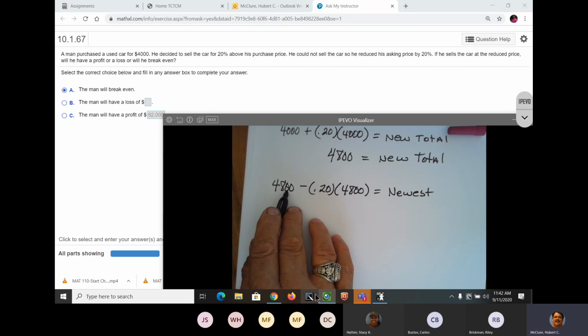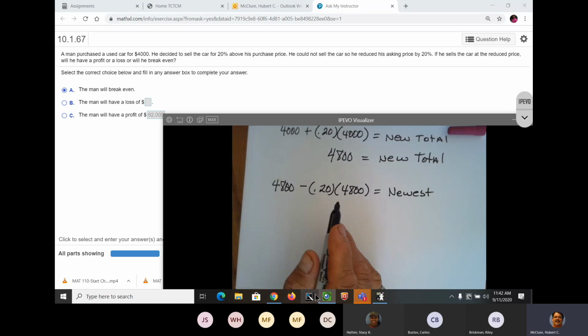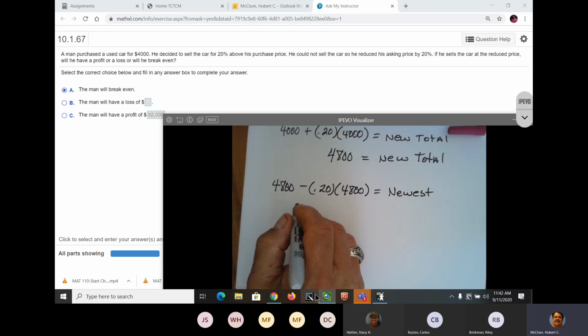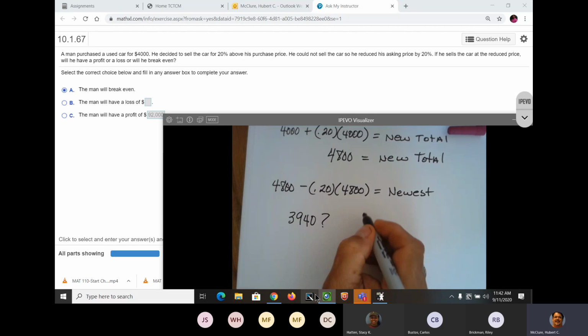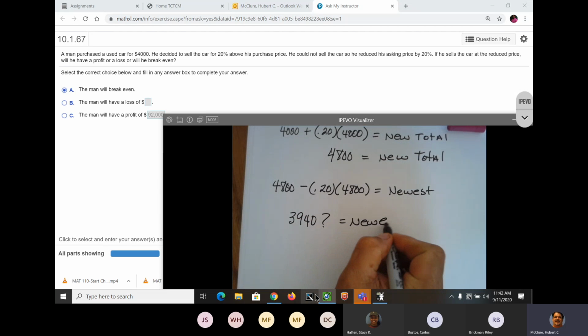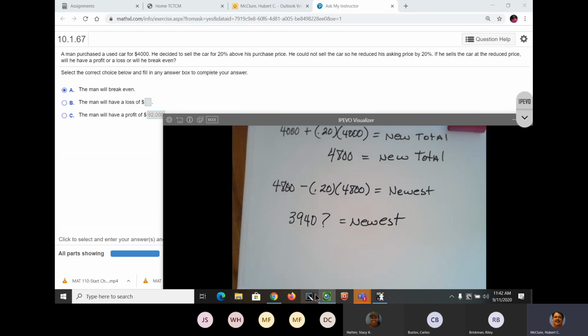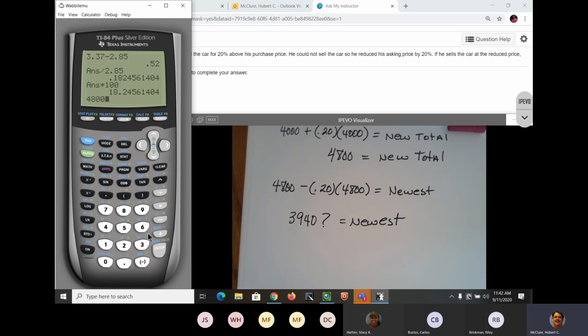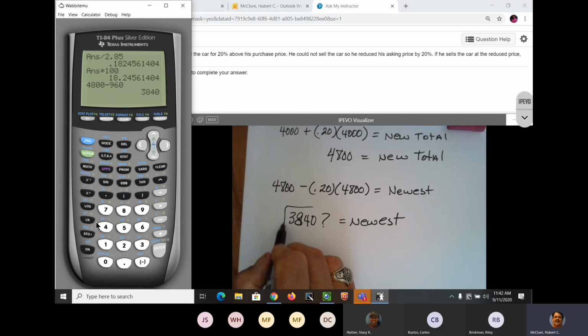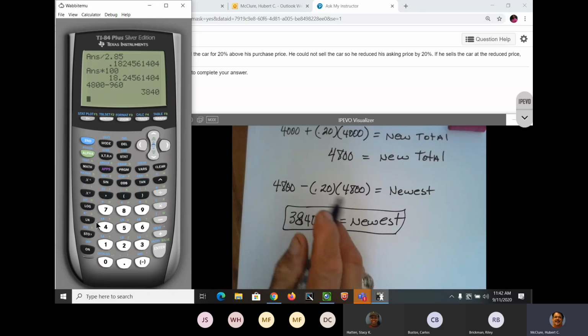I'll have to use the calculator. So 4,800 minus 960 is 3,840. So his final price is 3,840.